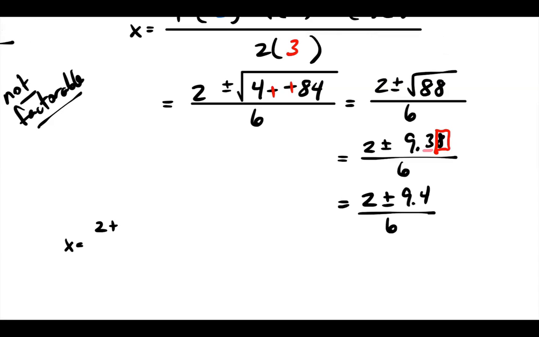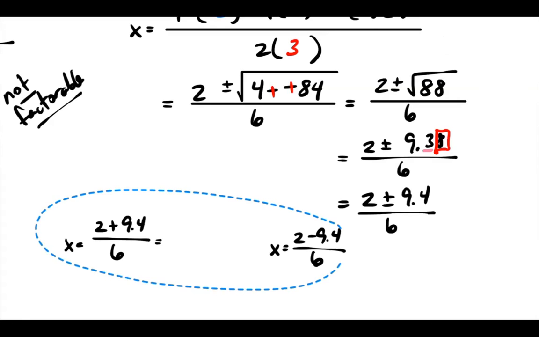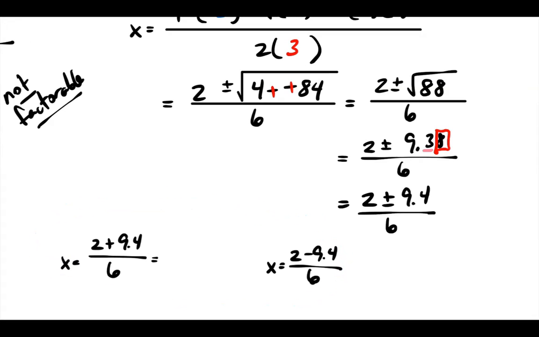First one is 2 plus 9.4 divided by 6. And then the next one is 2 minus 9.4 divided by 6. So we add the tops, subtract the top, and then divide by 6.